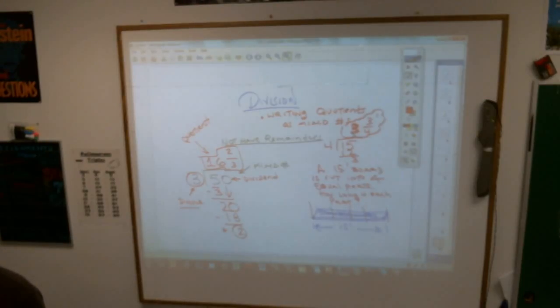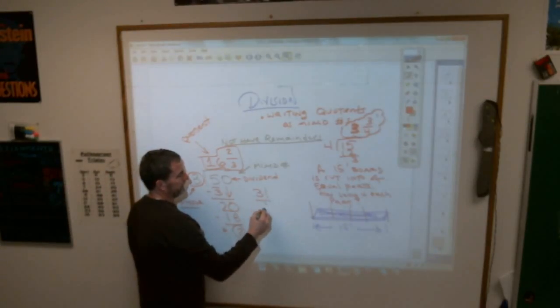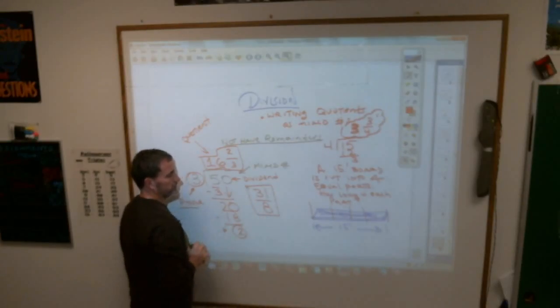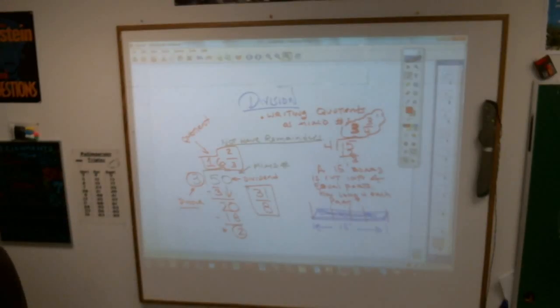Very exciting. How about one more for you? What if you have 31/8, and I ask you to divide that out and give me my answer as a mixed number. What would you get? 31/8 as a mixed number.